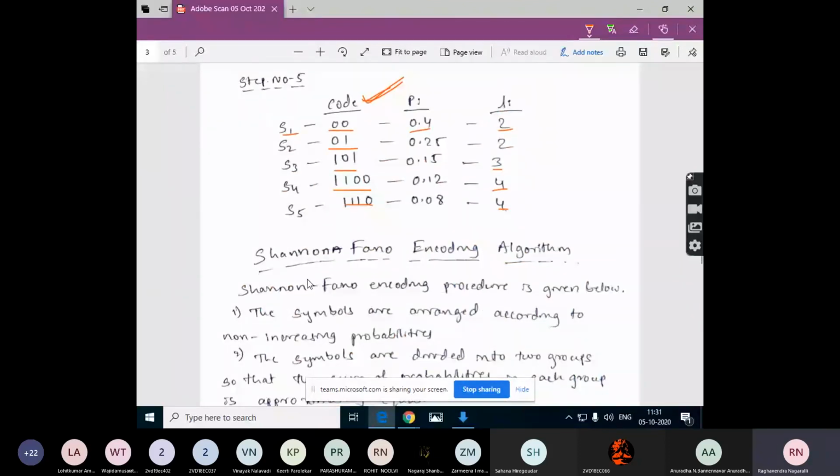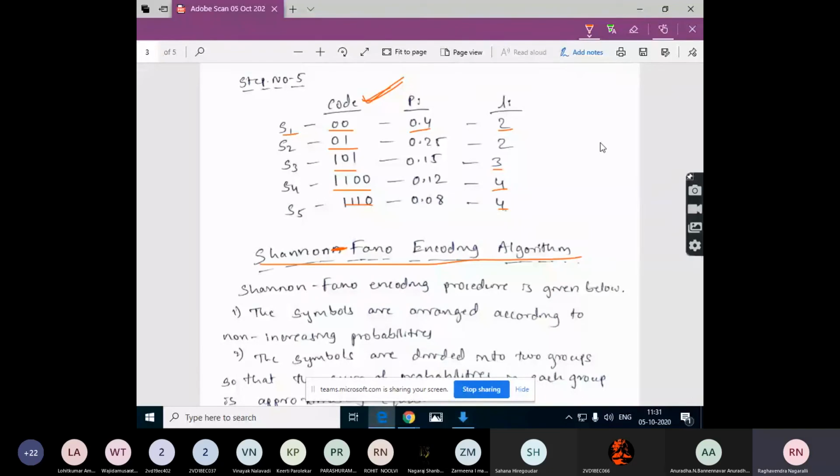Now the next one, Shannon-Fano encoding algorithm. These are two scientist names. Through the collaboration of these two people, they constructed one encoding algorithm which gives higher efficiency compared to the previous one.